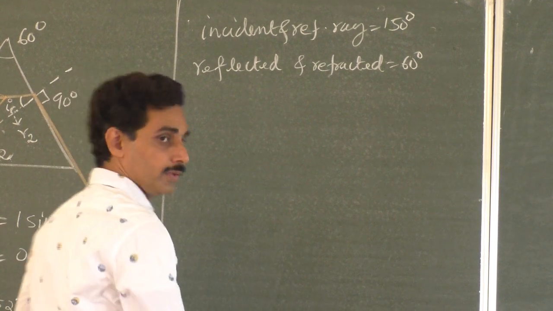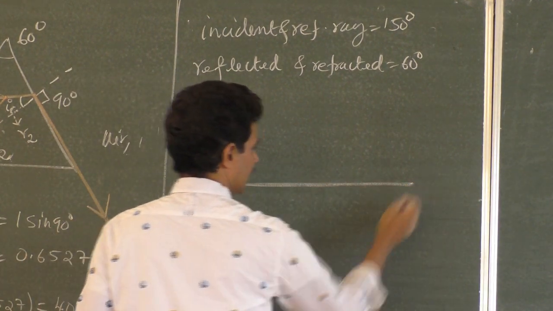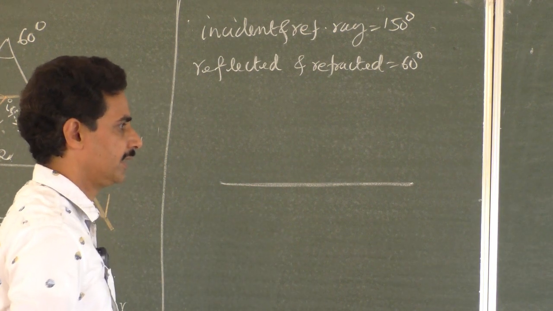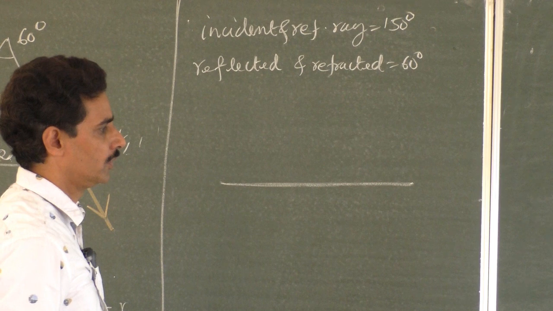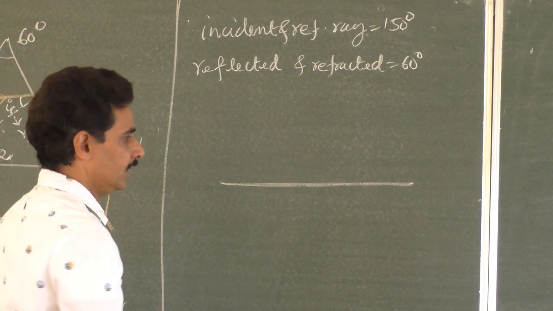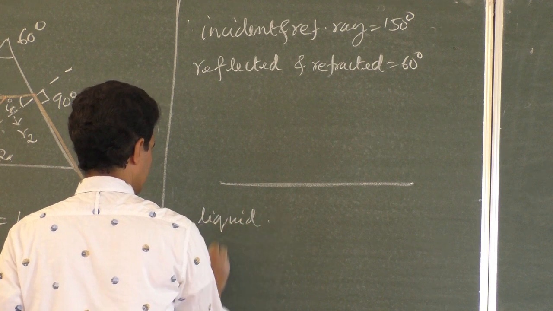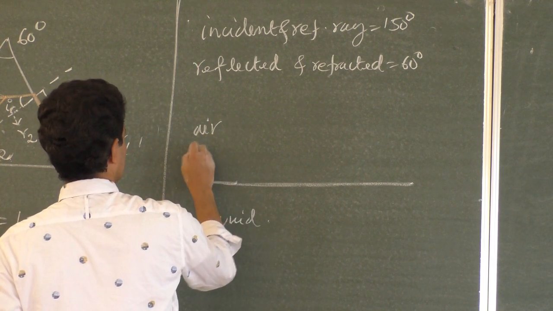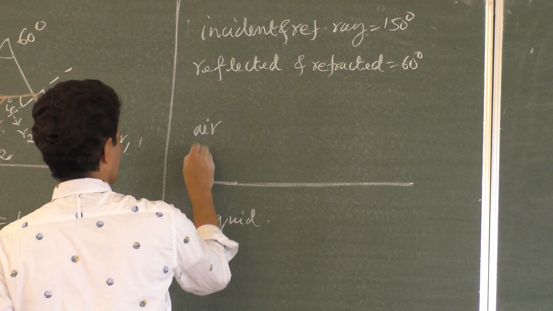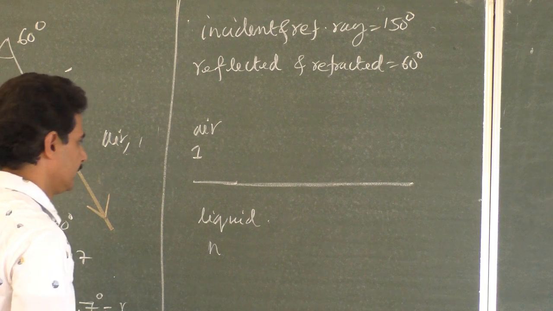Okay. Now suppose you take a ray of light like this. The light is entering the liquid, and the other medium, no data is given, it should be air. Let me take the refractive index of the liquid as n, and air as 1, because light travels with the highest speed in air, so it has the least refractive index.